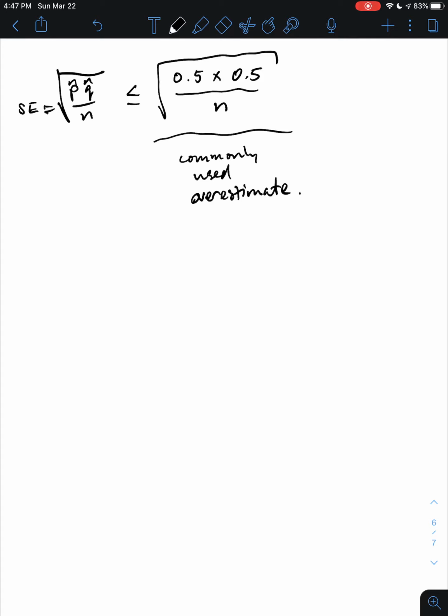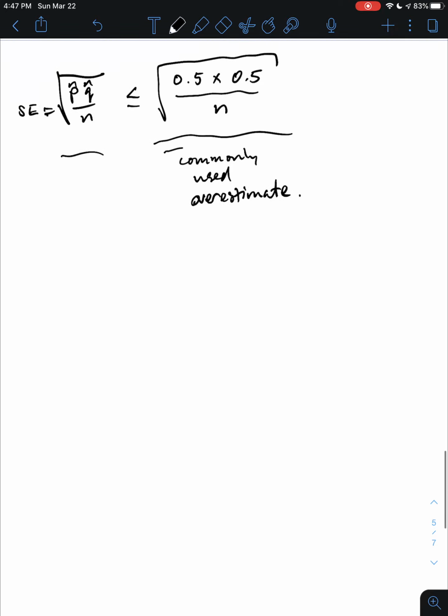So I will later give you some examples of this. Which one do you use? Well, I would accept either one. You can use either one. There are some cases where we have to use the second one, and so that's why I really bring it up. I would say that if P hat is available to you, then maybe this would be a better choice, but it's actually not going to make too much of a difference in most cases to use this formula.